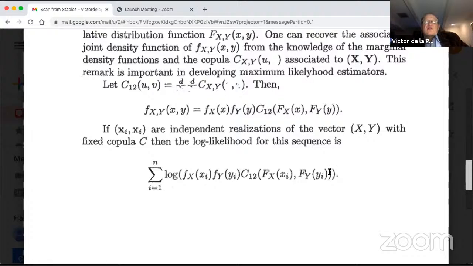So you can get a maximum likelihood estimator that depends on the parameter of the copula by finding the value of the parameter that maximizes this.